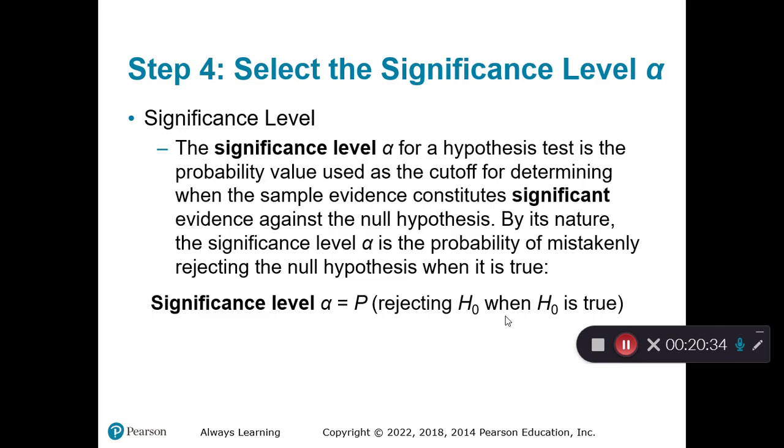The truth is, we never know if we've made a mistake, because if we knew the true value of P, we wouldn't have to test a claim about it. So P is an unknown value, and all we're doing is trying to use the evidence from a sample to make a decision as to whether we believe a claim is true or not. So there's always a risk that our evidence is pointing to the wrong decision.